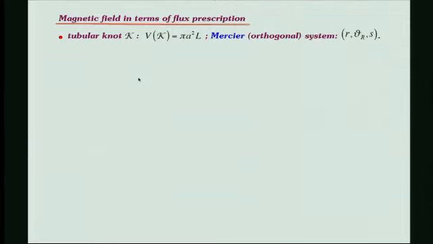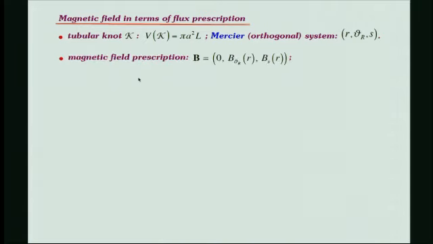Now the new thing is that we address this problem by paying attention to the coordinate system, and we will use a coordinate system that is orthogonal. This looks familiar to you, but actually this theta, the independent coordinate, is related to the standard azimuthal angle by taking into account the contribution from torsion as we move along the axis of our knot, given by S, and R is the radial distance from the axis.